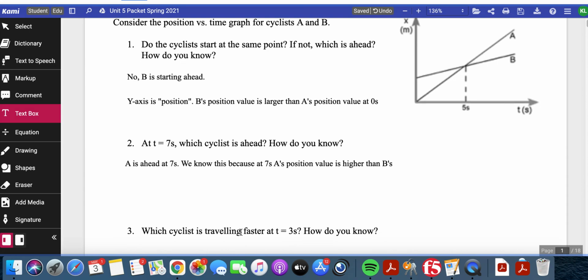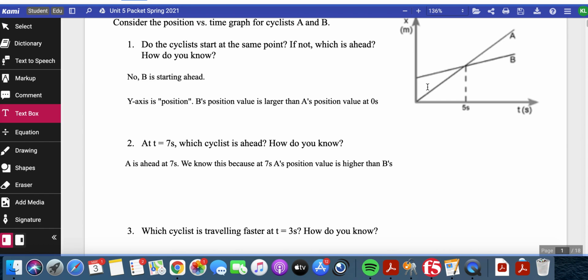Okay, then we're asked who is traveling fastest at t equals 3 seconds. So t equals 3 seconds is below the 5 seconds. Who is traveling the fastest? The way we want to think about this is, who is covering the most ground, the most position, the most meters in the first 5 seconds?